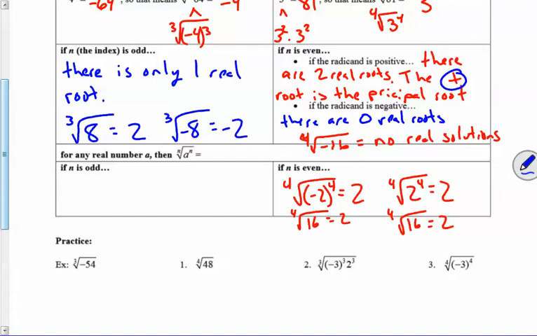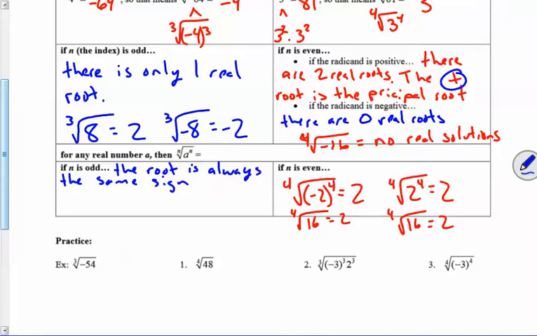Right? There's only one. There's never a plus minus with an odd index. If the index is odd, it's always the same sign, right?